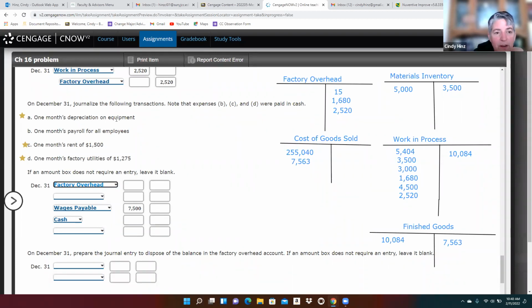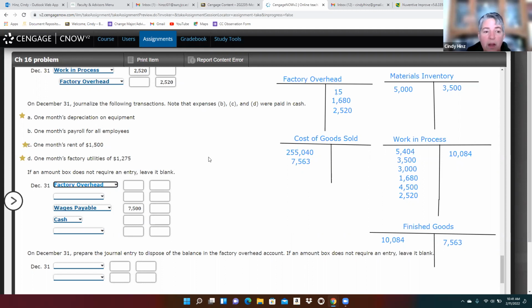The depreciation, it's $1,200 a year, so that would be $100 for the month, plus the rent of $1,500 and the utilities of $1,275. If you recall, the depreciation number was given to us up farther in the exercise. So we have $100 for depreciation for the month, $1,500 for the rent, and $1,275 for the utilities.